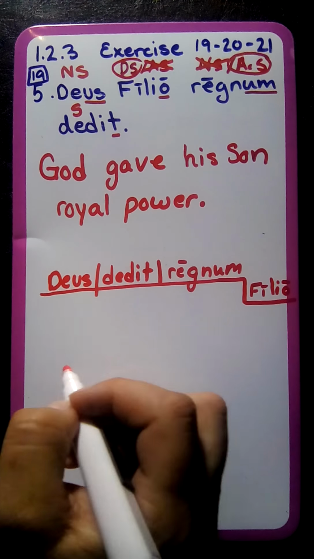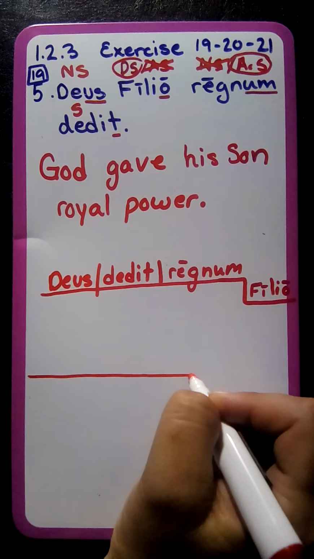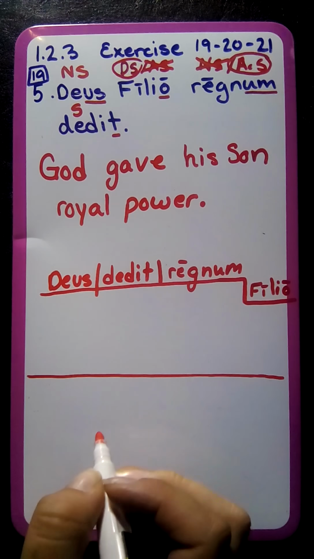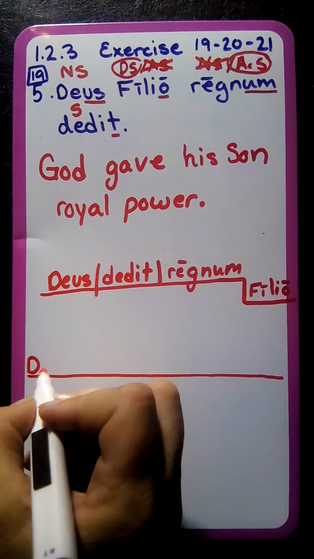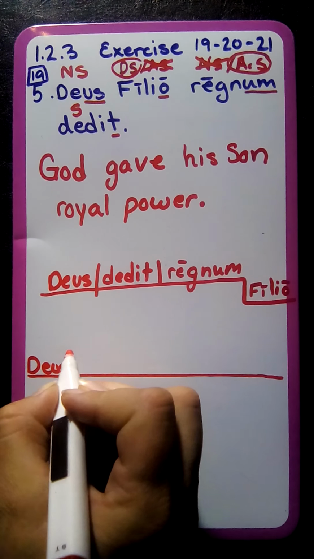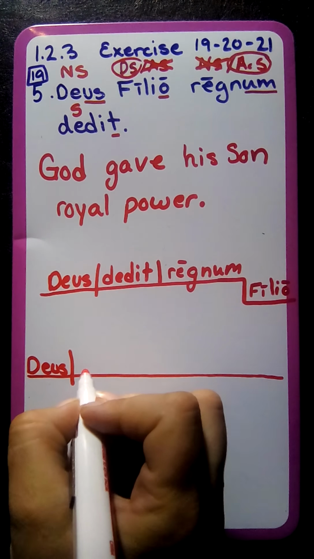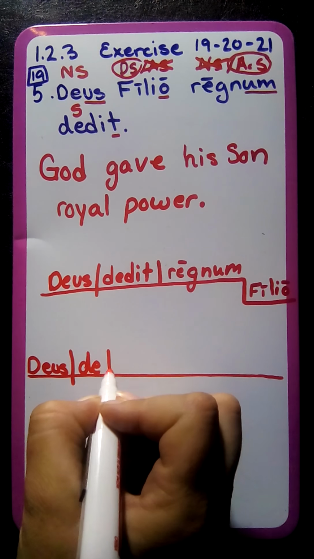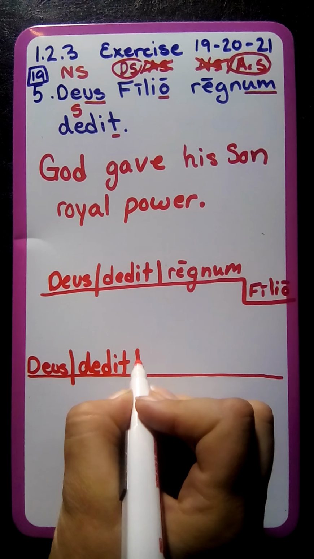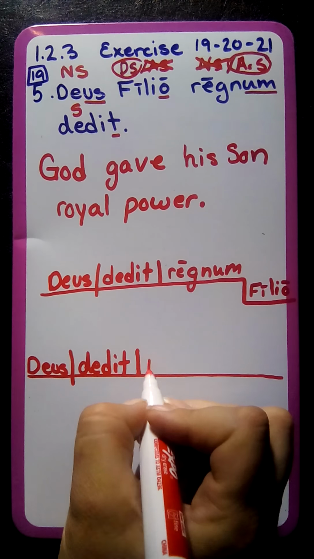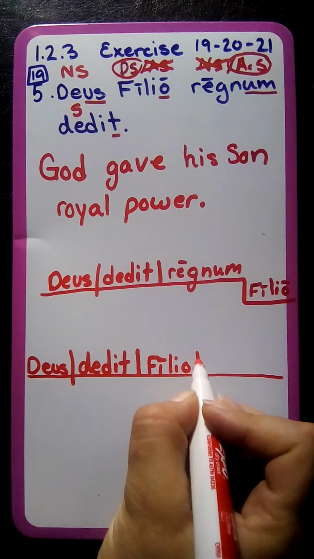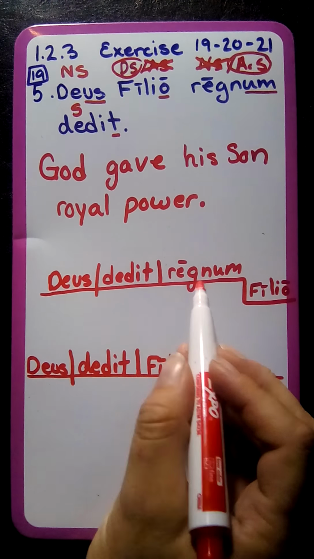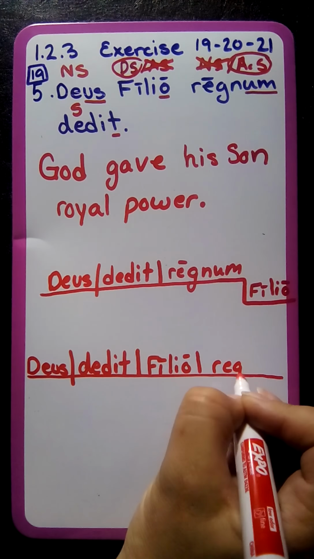So that's one way to do it, but another way I've learned in Classical Conversations Essentials is to put the subject, the verb, and then the indirect object, and after that, our direct object.